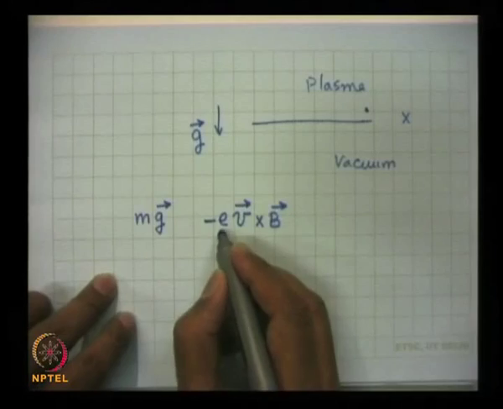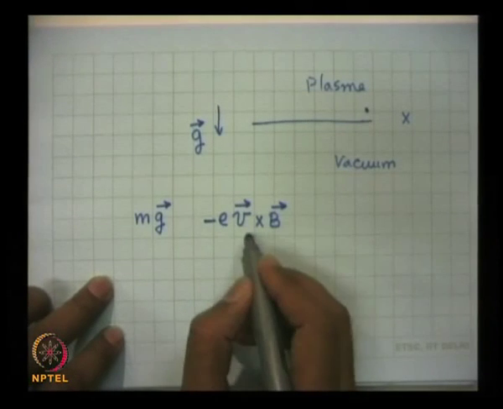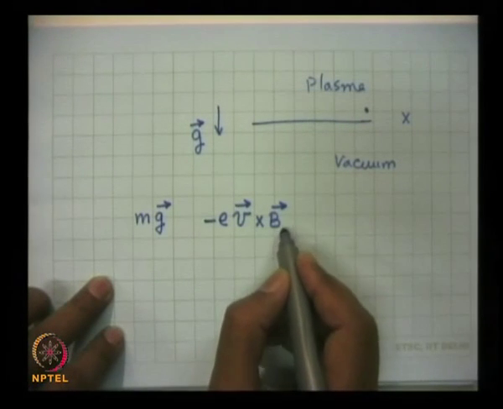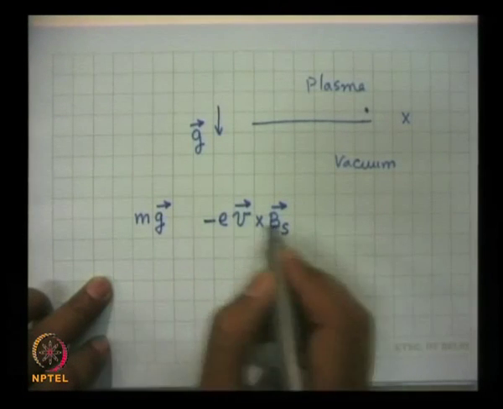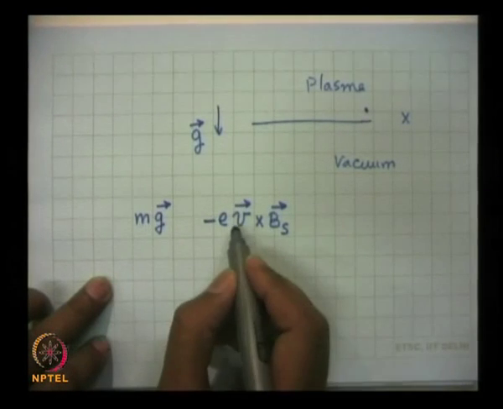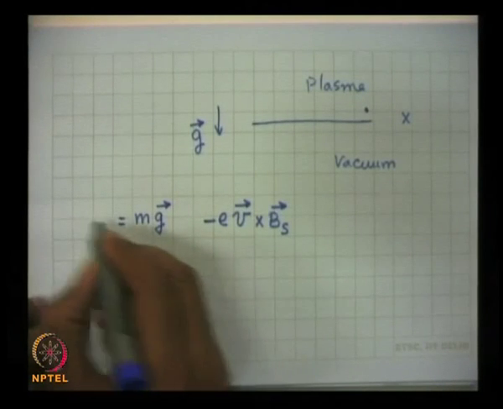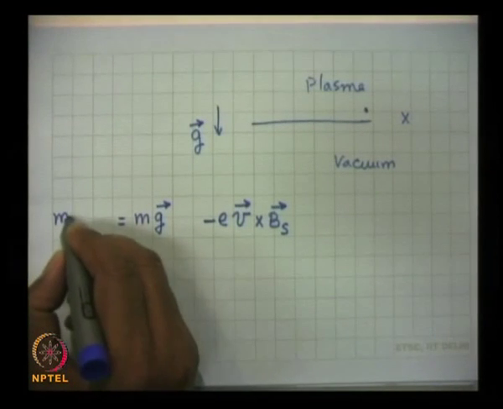If minus e is the electron charge, v is the electron velocity, and B_s is the static magnetic field, then the net force on the electron would be this plus this, and this will be the rate of change of momentum.